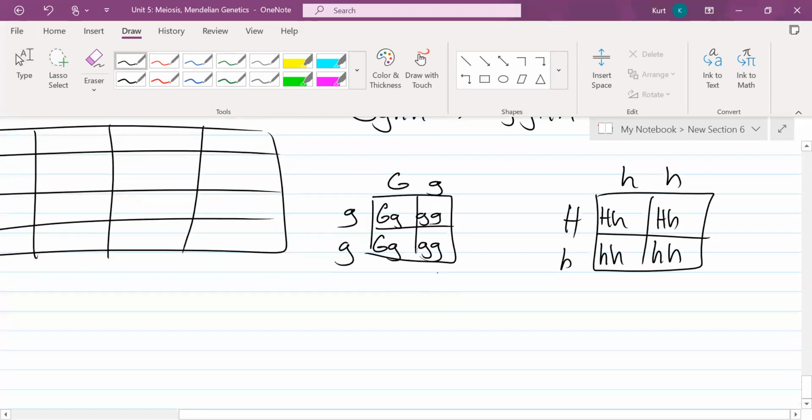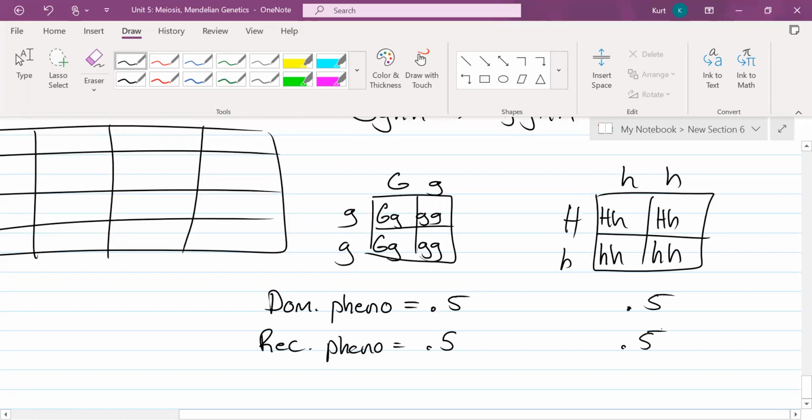Okay, what are the chances that an individual will have a dominant phenotype on the G's? 0.5. And how about recessive? 0.5. How about over here for the H's? It's also 0.5 and 0.5. That worked out great.